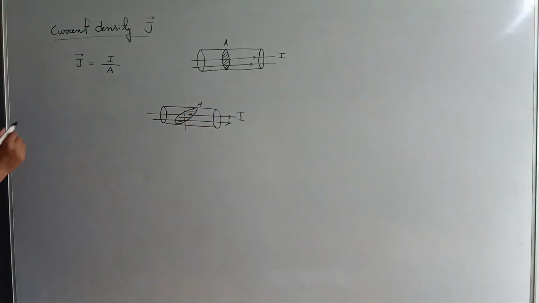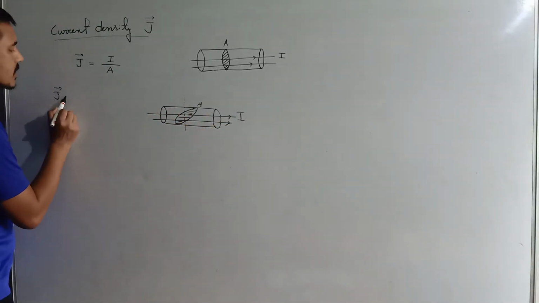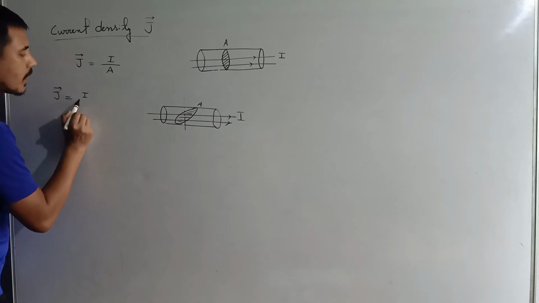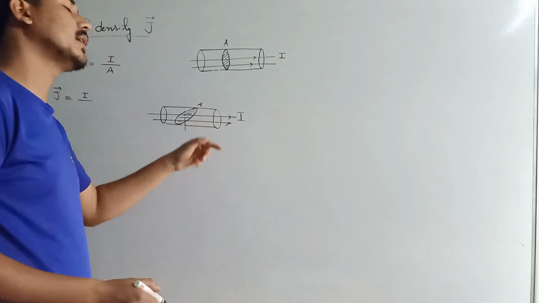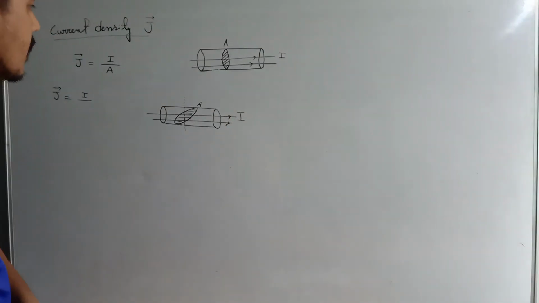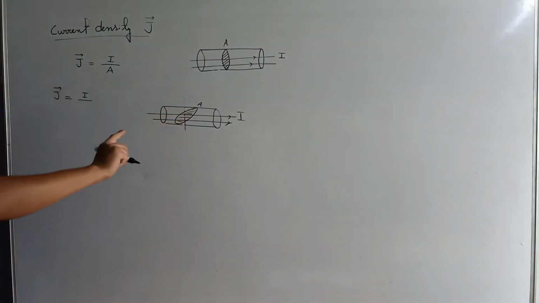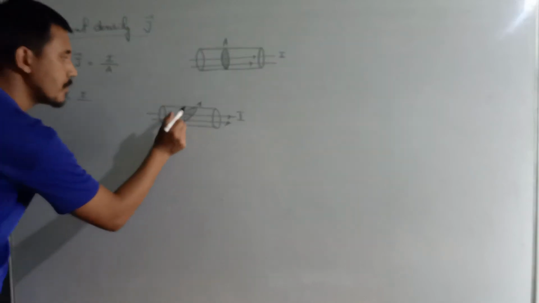In that case, the formula for current density will be I upon... Your cross-sectional area A is not perpendicular to the current, so we can resolve this area A into two components.